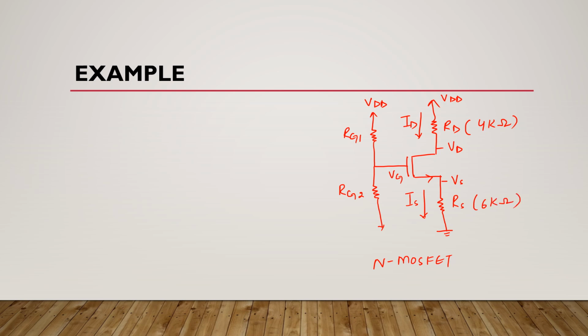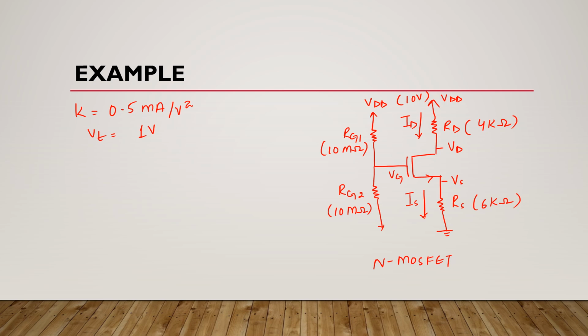This RG1 is 10 mega ohms, and this RG2 is also 10 mega ohms, and here VDD is 10 volts. Okay, so how are you going to start your analysis when K is 0.5 milliamperes per volt square and threshold voltage is 1 volt.